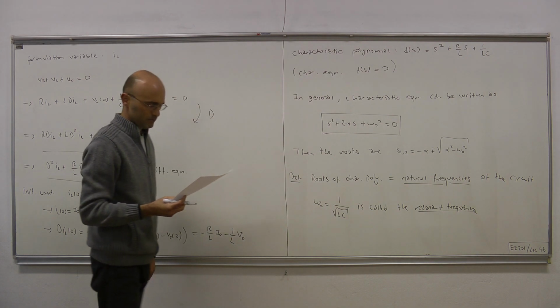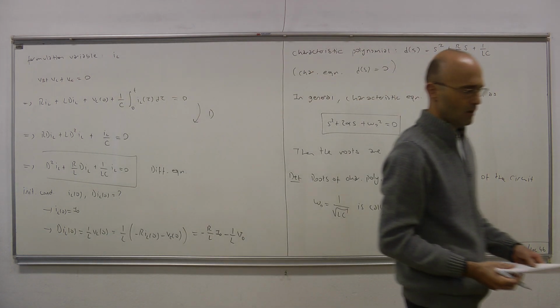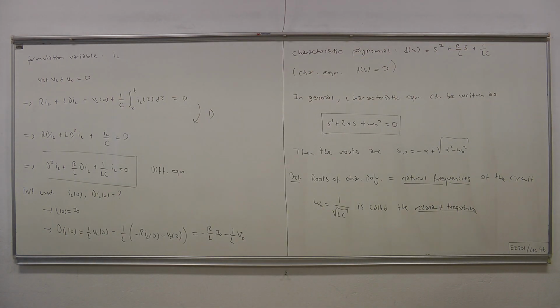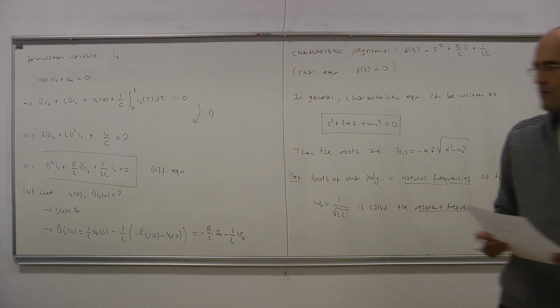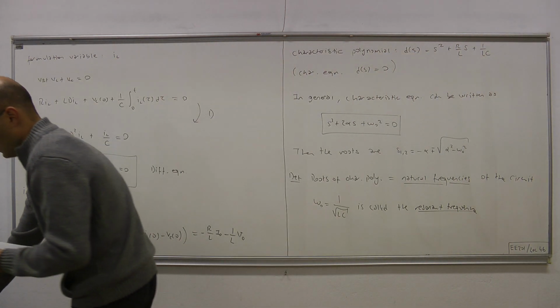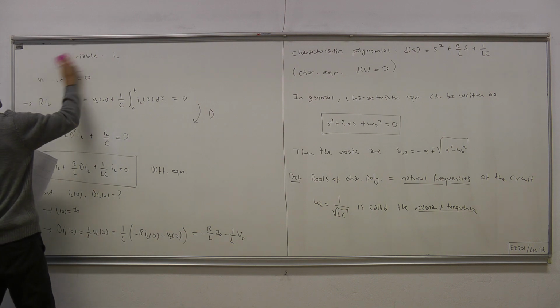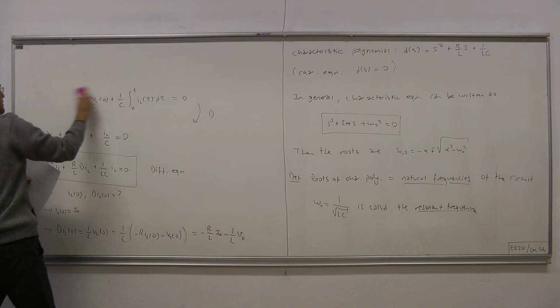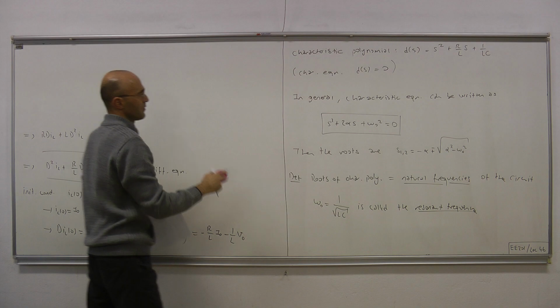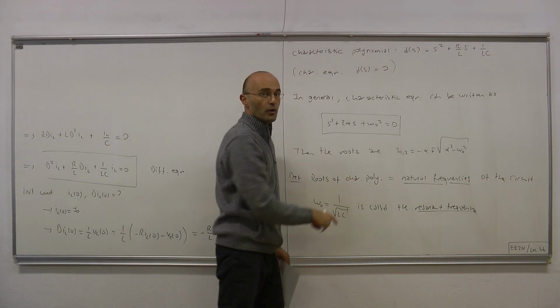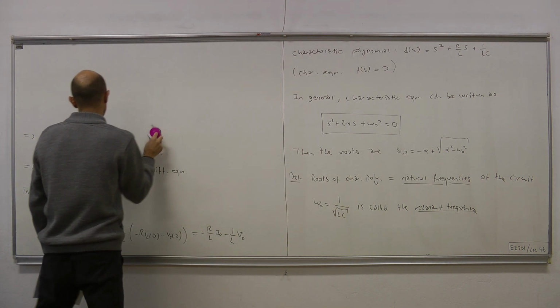Okay, so now we will talk about what type of response we get from the circuit, depending on the root locations or the natural frequency locations on the complex plane.